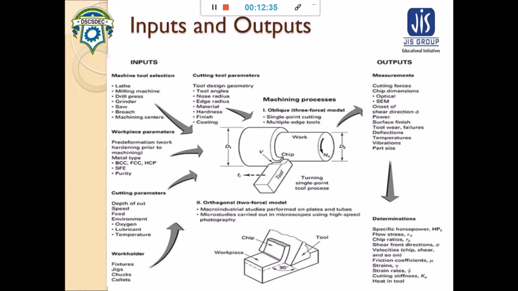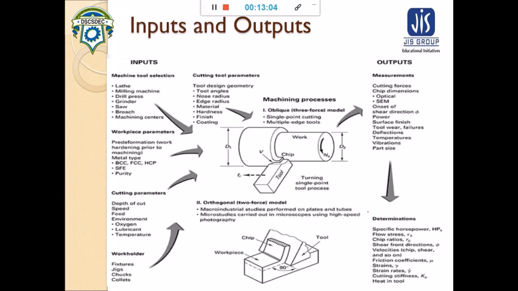The outputs are the measurements: cutting force, chip dimension by optical and SEM or scanning electron microscope, shear direction, power, surface finish, tool wear, failure detection, temperature variation, and part size. From an experiment on turning or machining, we can derive the specific horsepower or power required for machining.